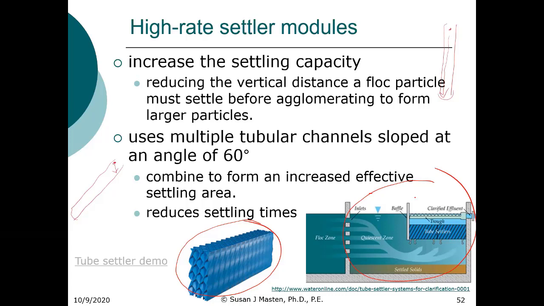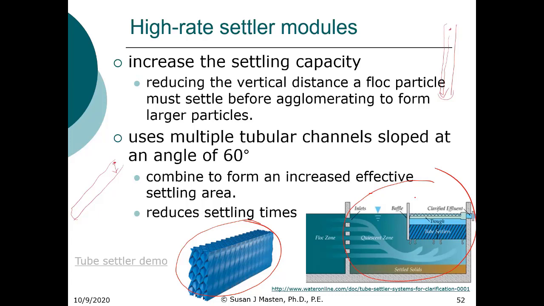So the cost of that retrofit is much less than the cost of building either a larger tank or another tank. You can also operate at a higher overflow rate, so you can process more water in the same amount of time.